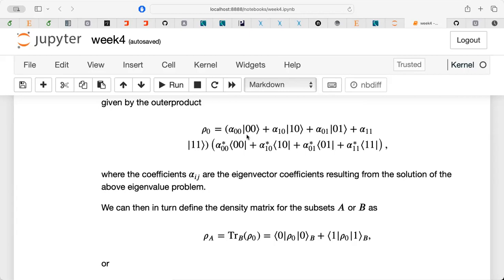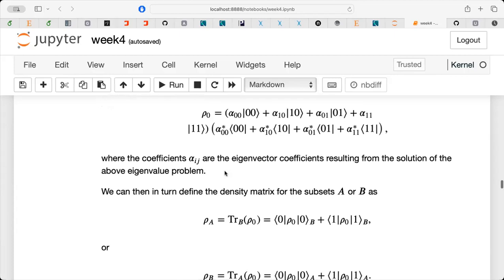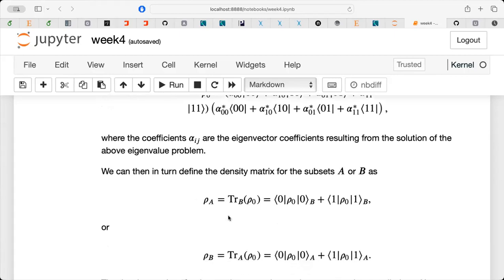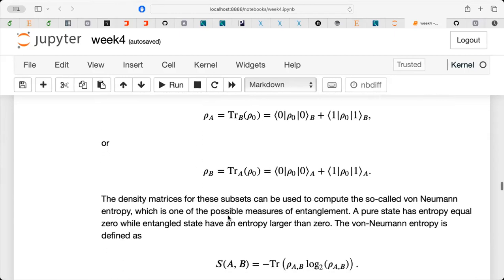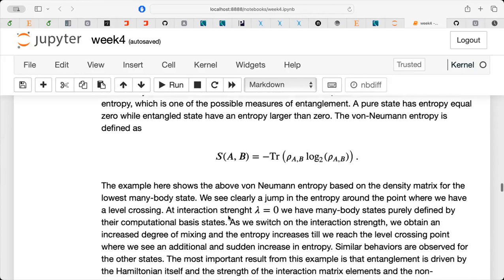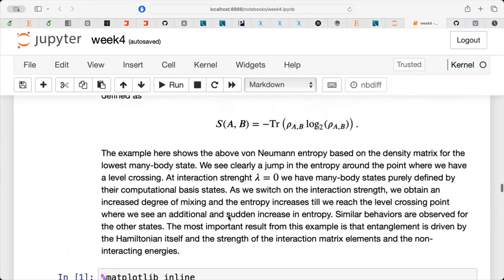However, as you can see here, when you look at this linear combination of these 4 computational basis states, we don't know in which state the qubit in subsystem A or subsystem B is in. So that's why we're interested in defining these quantities. And these are the quantities which we are going to look at in a little bit more detail.